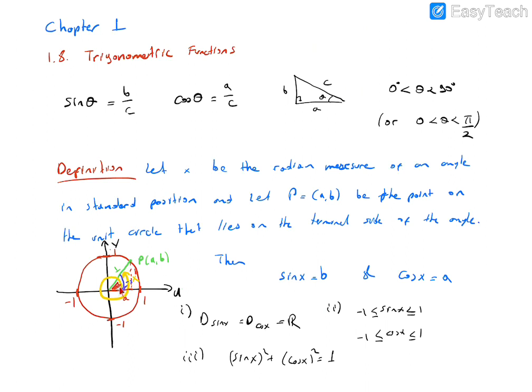This red angle and the yellow angle are coterminal, okay? X and x plus 2 pi. Therefore, sine x equals sine of x plus 2 pi, because these are coterminal, and cosine x equals cosine of x plus 2 pi. That means the sine and the cosine functions are periodic functions with period 2 pi.